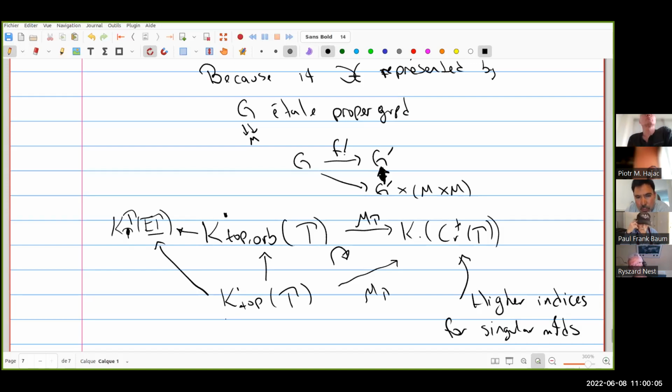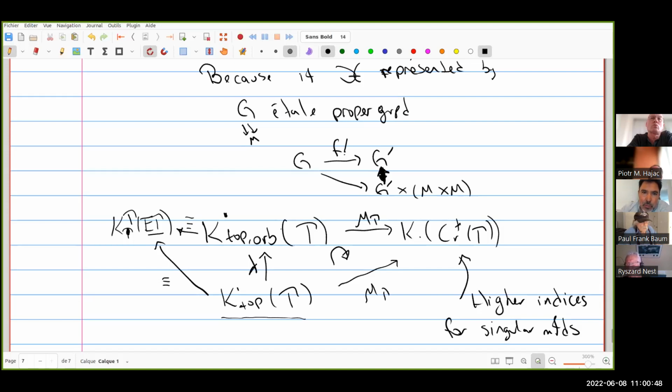For example, in the paper we use very strongly your work with Hickson and Schick on the isomorphism of the geometric version of the left hand side with the analytic version to show that this is an isomorphism, and exactly somehow the same proof can be adapted to the orbifold case. This would of course imply that this vertical map is also an isomorphism. It would be very interesting to see how exactly, because given an orbifold, you have to somehow.